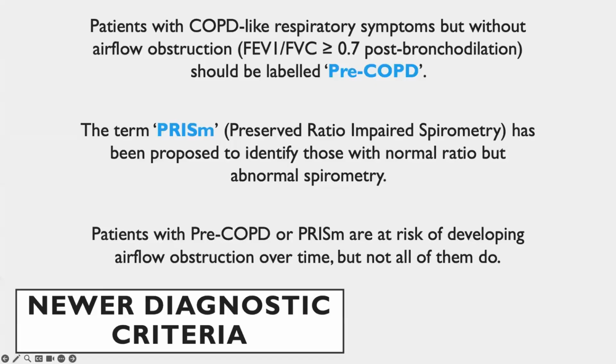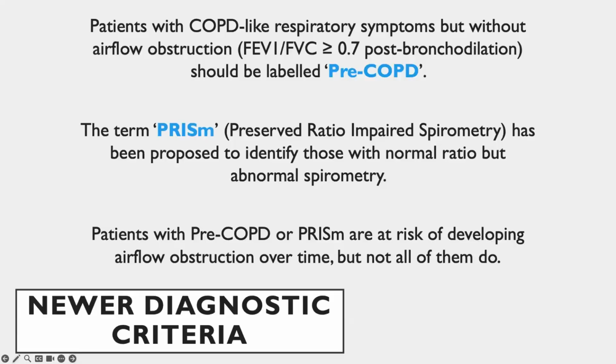You've seen it probably in the literature. Certainly, it's been part of the GOLD guideline. The term PRISM. PRISM stands for Preserved Ratio Impaired Spirometry. And it's really the patient that may have abnormal spirometric values, but they don't meet that criteria of having an FEV1 to FVC less than 70.